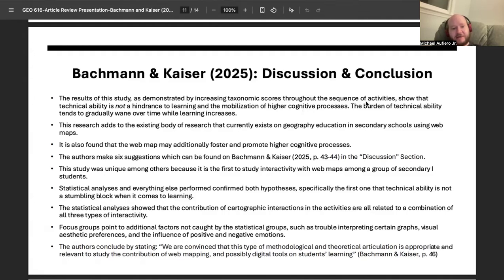The burden of technical ability tends to gradually wane over time while learning increases as those cognitive processes and critical thinking skills are increased.